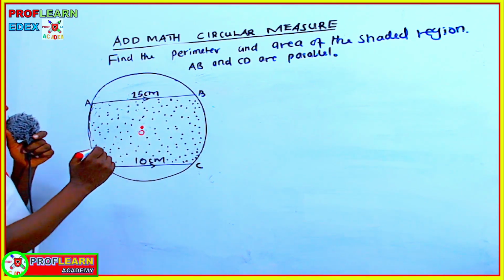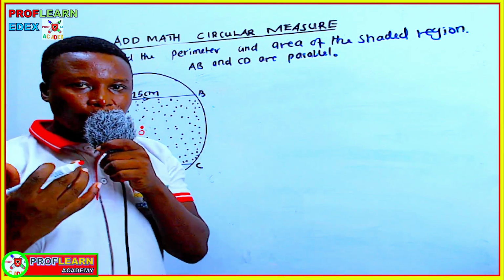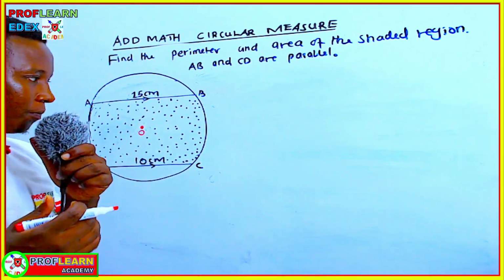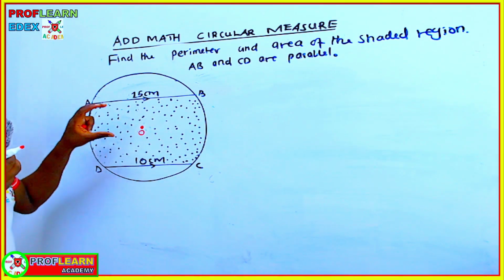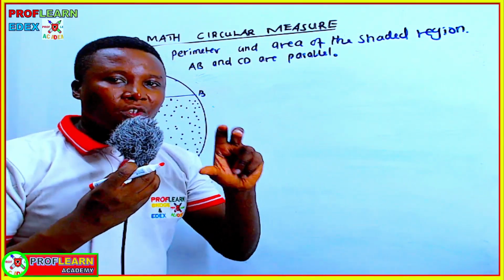AB is 15 centimeters. DC is 10 centimeters. So how are we going to work out the perimeter of the shaded region and the area of the shaded part?